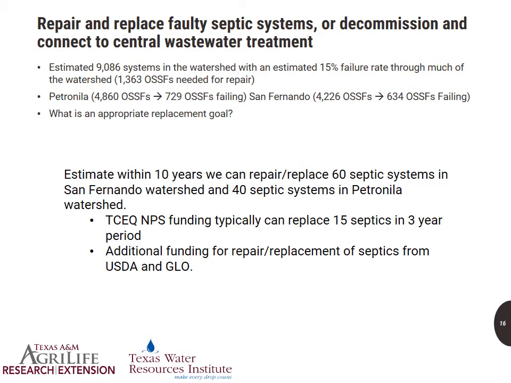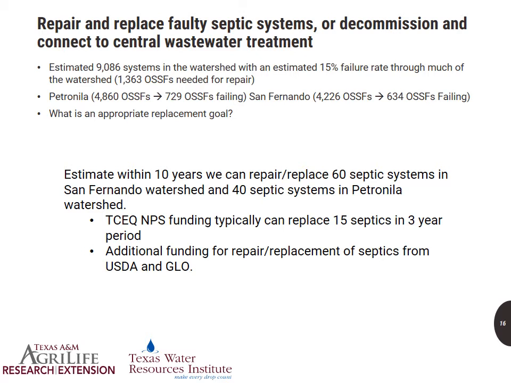For repair and replacements of septic systems, we are estimating that there's about 9,000 of these septic systems in the watershed, and just based on soils, we estimate about a 15% failure rate. So that's around 1,300 OSSFs that we're estimating need repair.